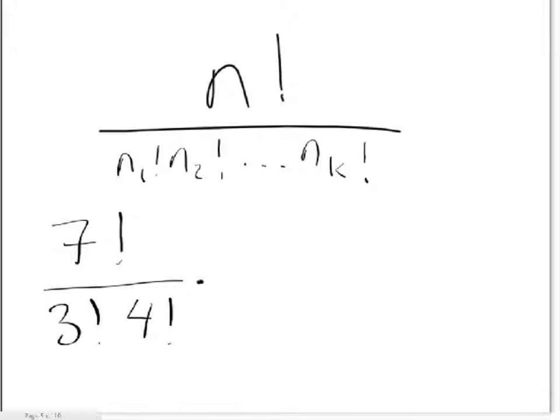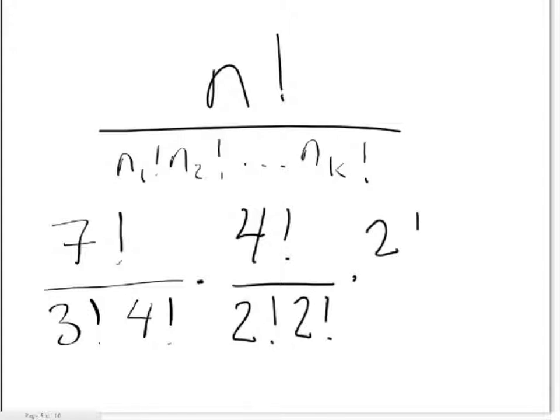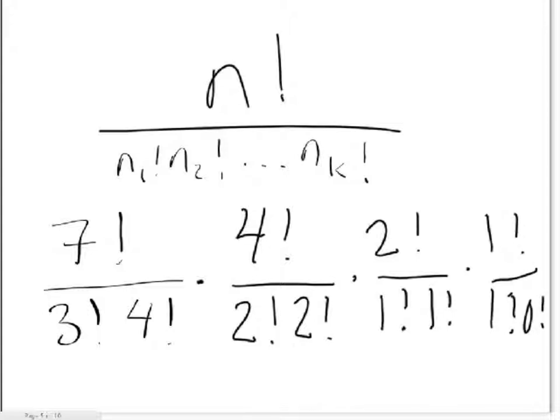times 4 choose 2, because that's how many we have left, and then there are 2 i's times 2 choose 1, so we have 2 elements left, and we have 1 w, and then 1 choose 1, which is 1 factorial over that. So this is the number of n's, this is the number of i's, w, and g.